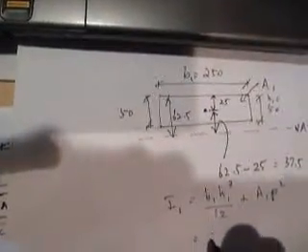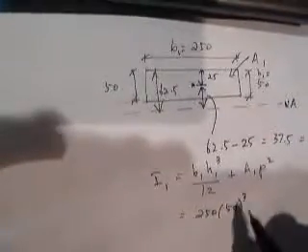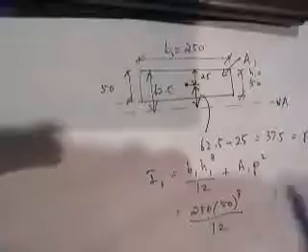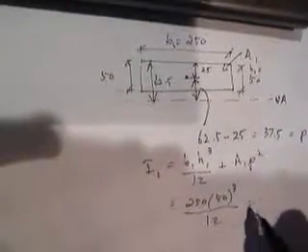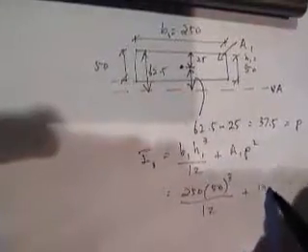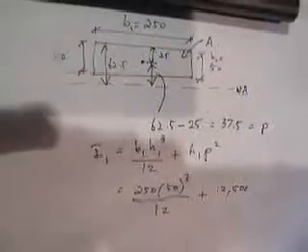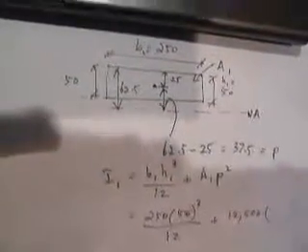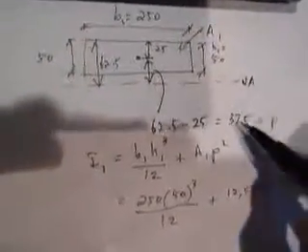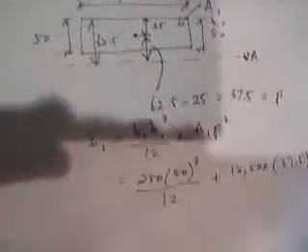So B1 250 multiplied by 50 cubed divided by 12, plus A1, which we previously calculated as 12,500, times P squared, which is 37.5 squared.